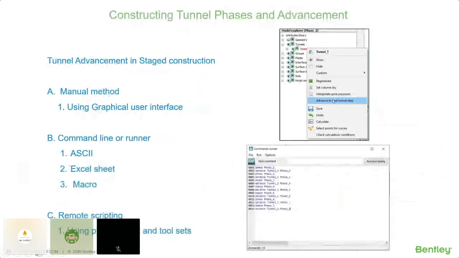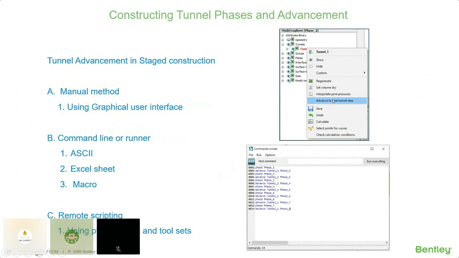Next, for construction of the tunnel advancement. A tunnel boring process consists of a number of excavation cycles, and the tunnel advancement in a stage construction can be defined by one of three methods.